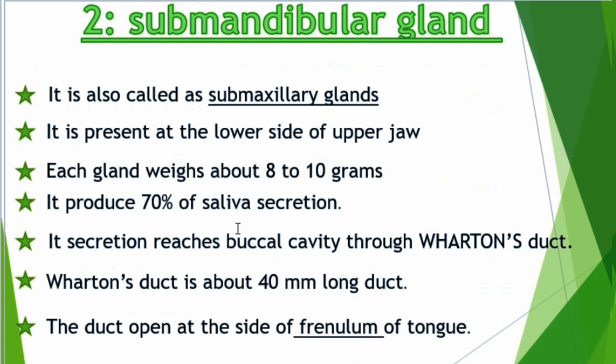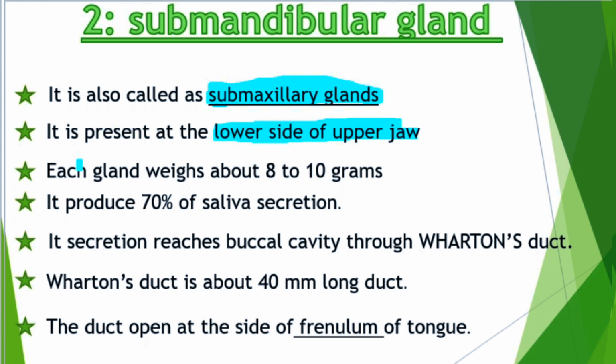Now the next major salivary gland is the submandibular gland. This gland is also known as the submaxillary gland or submandibular gland. So this is the other term used for this gland. If we talk about the location, this gland is mainly present at the lower side of the upper jaw. This is where the submandibular or submaxillary gland is located.